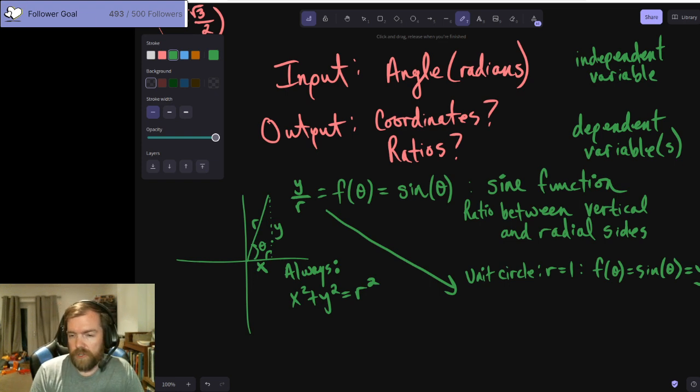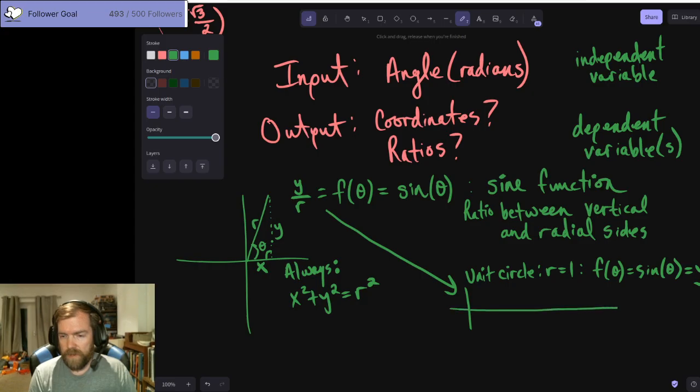So we're looking at just what are the vertical values that we have. So we start with our theta, and then we say, okay, what is y? Which again is going to be equal to the sine of theta on a unit circle.